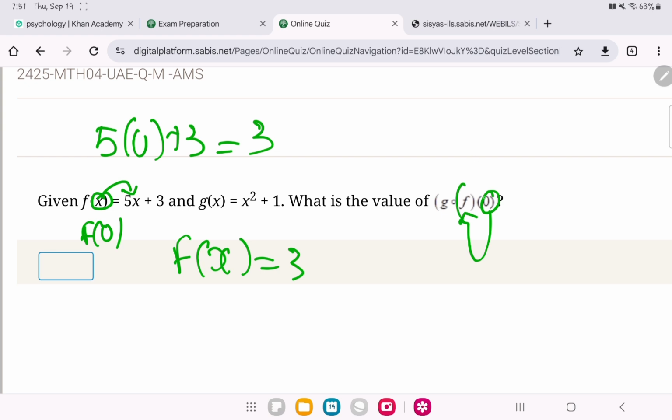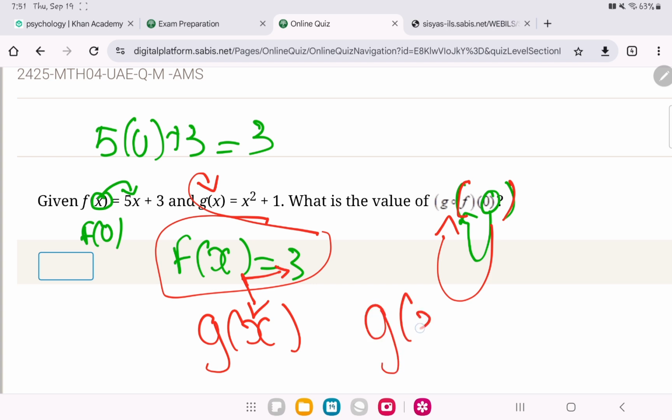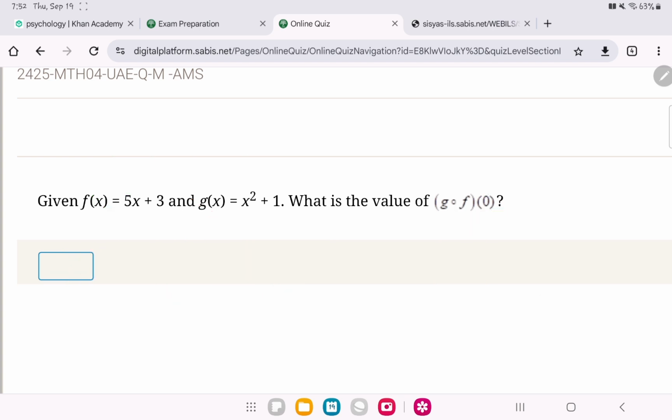Now, we need to substitute our f(x) into g. So instead of the x in g(x), we're gonna substitute f(x), which was 3. So now it's gonna be g(3) is equal to 3 squared plus 1, which is equal to 9 plus 1, which is then 10.